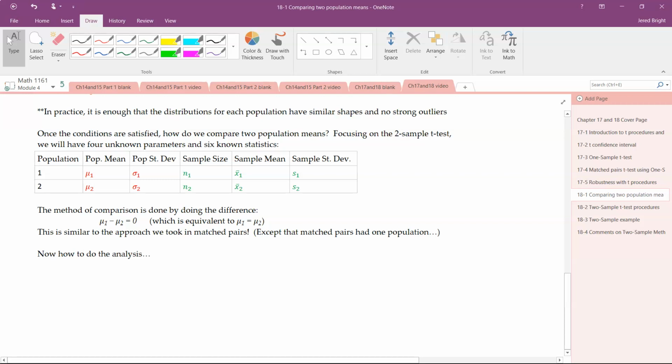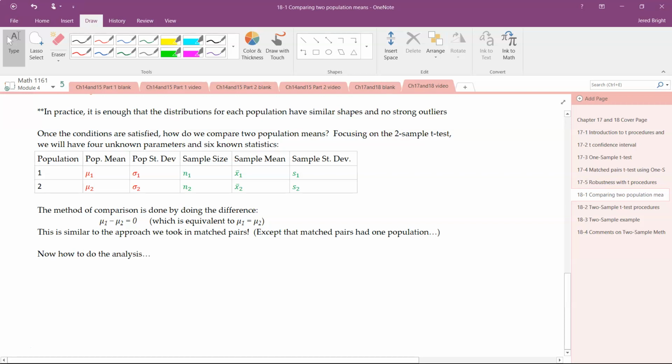That's why they're in red. They're unknown. But we do know the sample sizes, the sample means, and the sample standard deviations for each sample. I wrote those out symbolically so that you can associate the symbols with each of those.